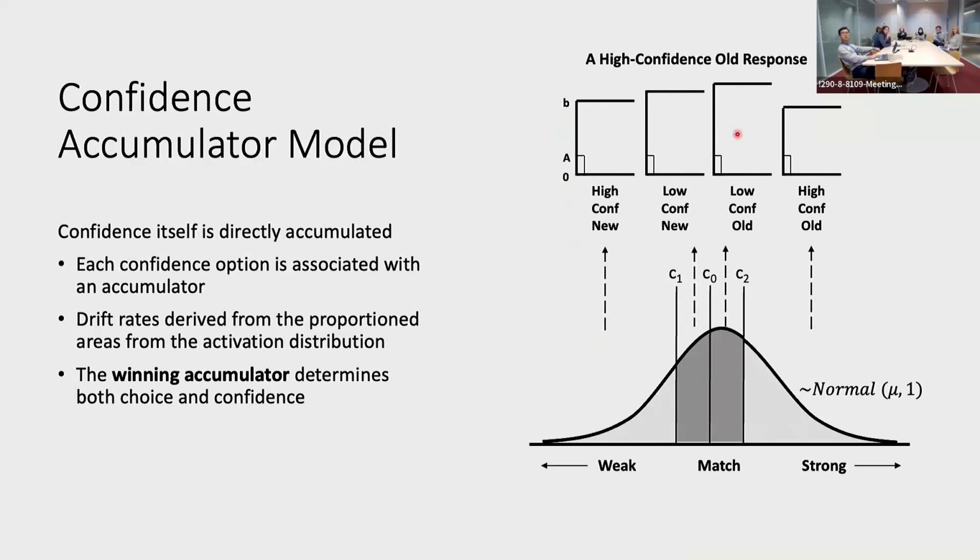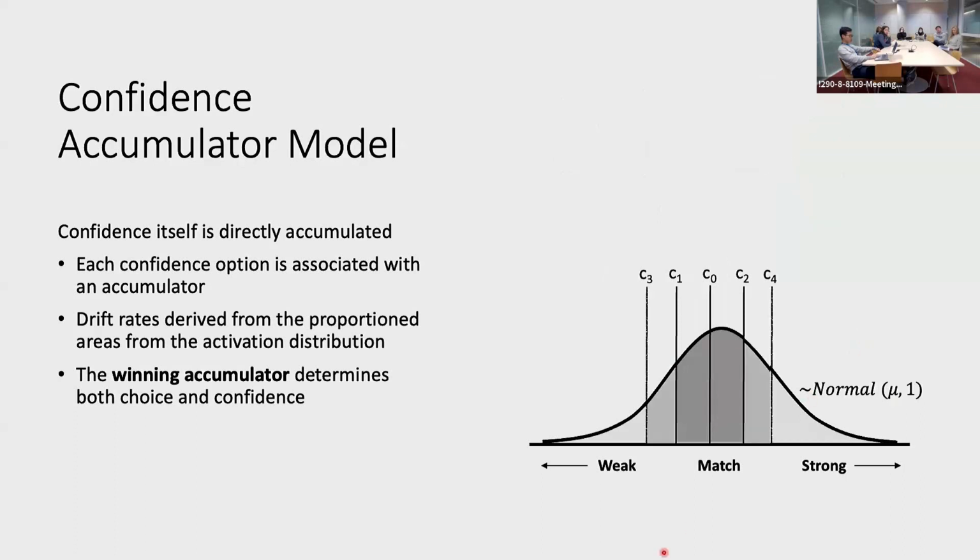The middle ones are for the low confidence options, and the outer ones are for the high confidence options. These accumulators compete with each other, and when one of them reaches its threshold, we get both choice and confidence judgments. In this case, we have a high confidence old response. To account for a higher number of confidence options, we just keep dividing the distribution into more bins and have more accumulators.